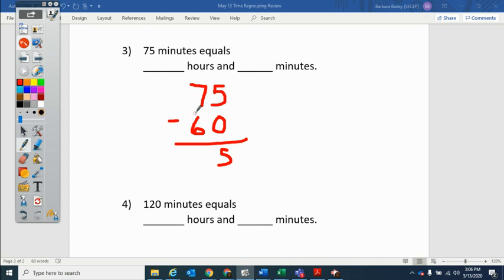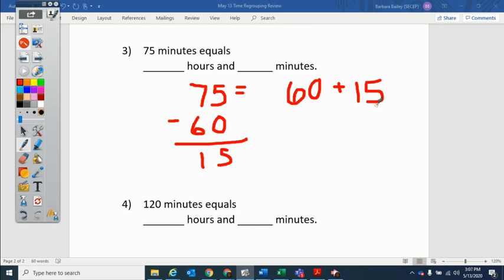And 7 minus 6 is 1. So 75 minus 60 is 15. So I can say that 75 equals 60 plus 15. 75 is equal to 60 minutes plus 15 minutes.